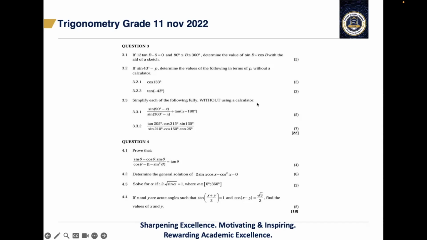Then we're doing reduction. The only thing that is different now is that in grade 12, you've got double angles, whereby we now have to change sine 2 theta or cos 2 theta into all the appropriate expansions that we get to have when we are simplifying our double angles and when we are expanding or reducing.